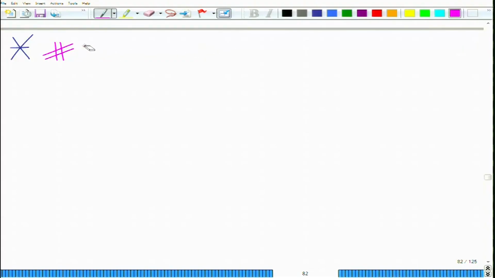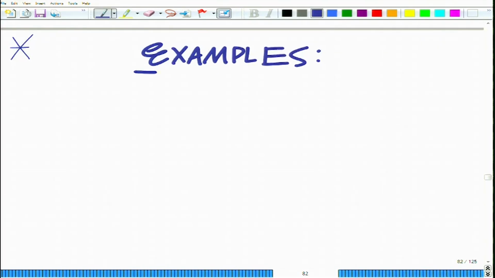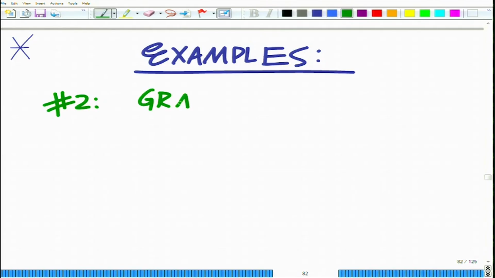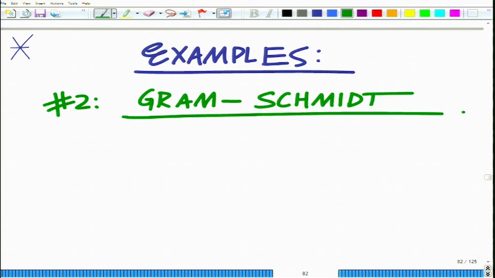Okay. So we are looking at examples, correct? And as part of the second example, what we want to look at is the Gram-Schmidt procedure for orthonormalization.